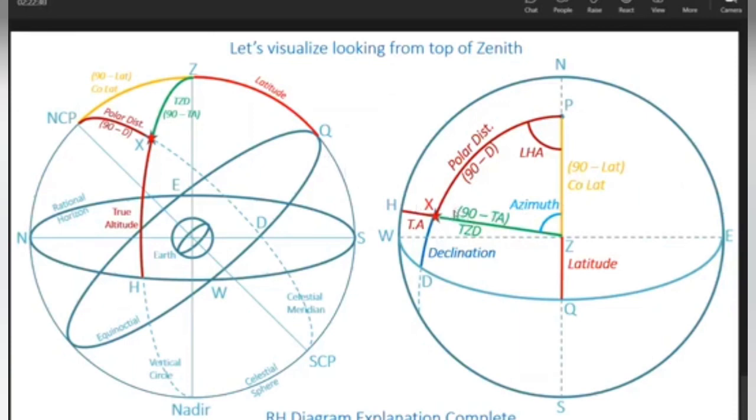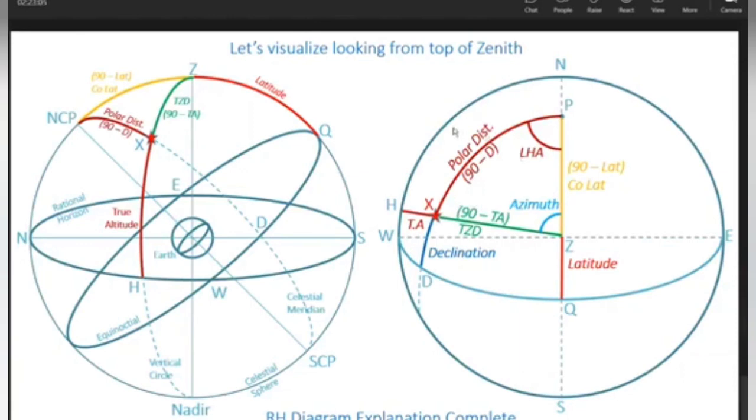Now before meridian passage, you see the body is east of the observer's meridian, right beta? You're right, sir, on the right side, the eastern side. Yes. So when the body is on the eastern side, this triangle will be made on the right side also. Correct, beta?